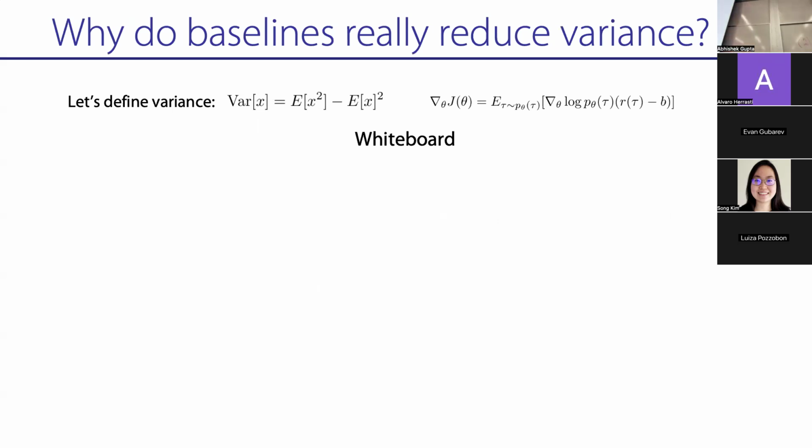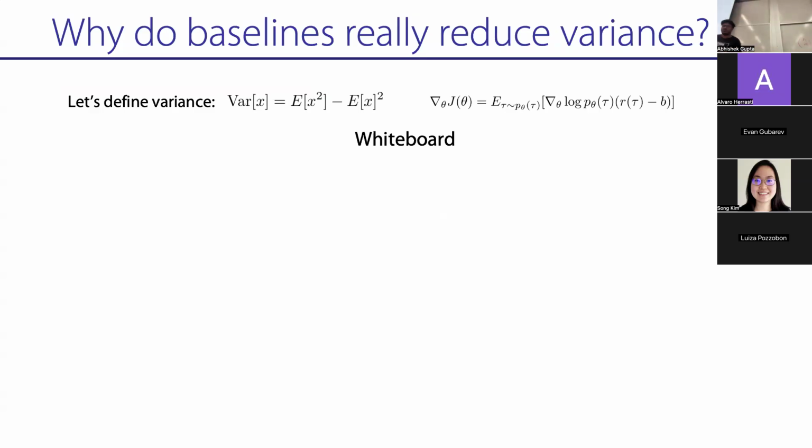one useful exercise is to say, okay, we said we're going to choose the baseline as like the average value, right? So we said we're going to try and regress to the average returns from any state. But it doesn't mean that that's the thing that reduces the variance the most, right? So one thing you can do is you can define the variance of an estimator as expectation x squared minus expectation x the whole squared, right?